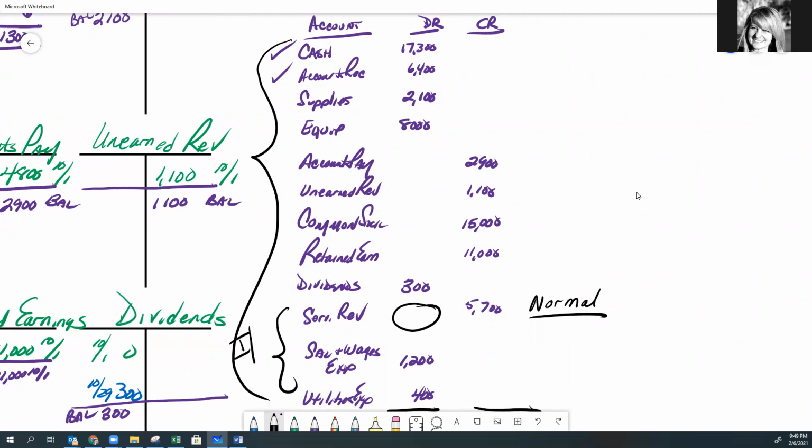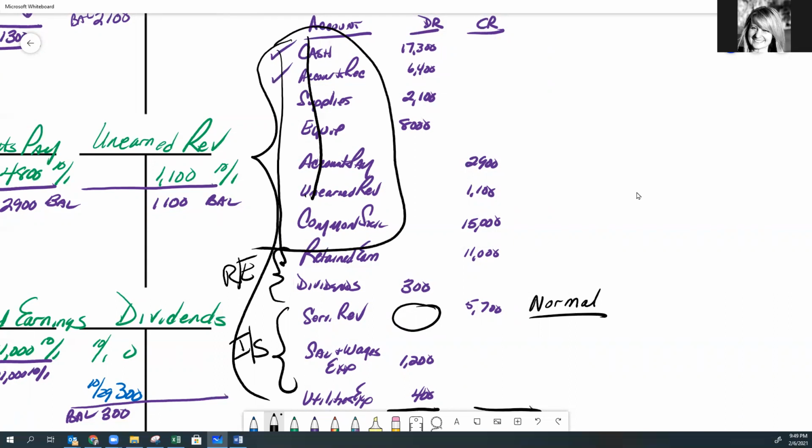They go on our income statement, and then we combine our net income with our dividends in order to come up with our retained earnings, and that goes on the balance sheet along with all of these items. Here, right? Our retained earnings plus all of those.